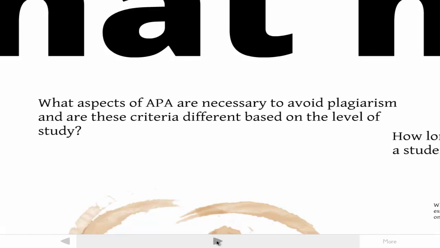These types of questions need to be answered as an institution or as a department, to make sure that students understand first how to do it, and second that they are aware of what happens if they don't adhere to APA formatting. We also need to ask ourselves if the criteria will be the same throughout the curriculum, or if we will have different criteria for each level of study.